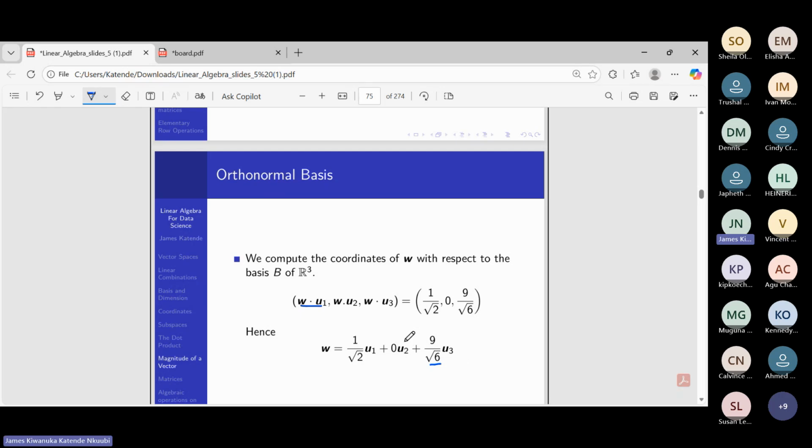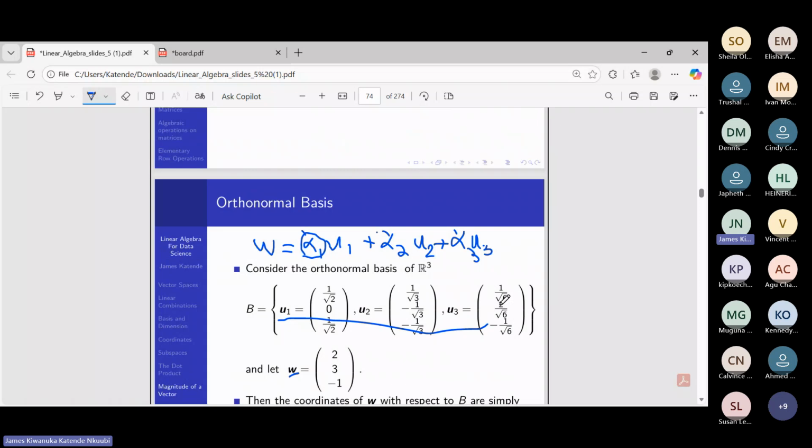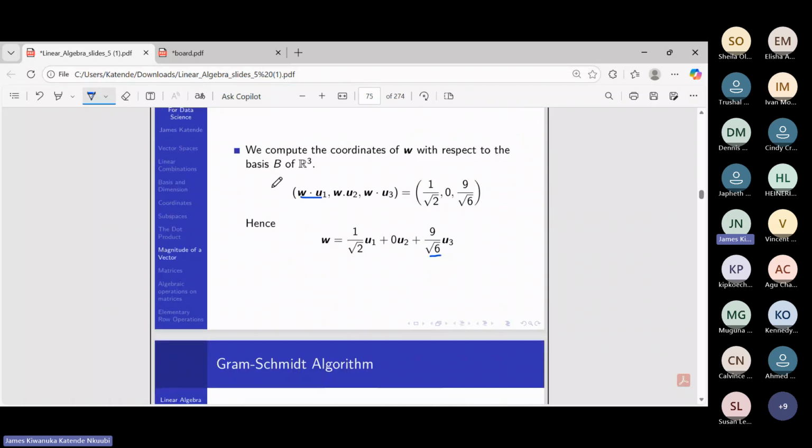So I can quickly get the coordinates of W with respect to this orthonormal basis by just computing these dot products. That's the advantage of working with an orthonormal basis.